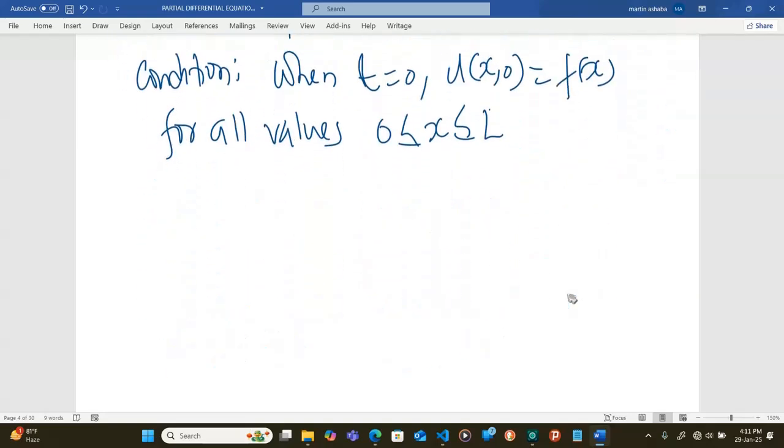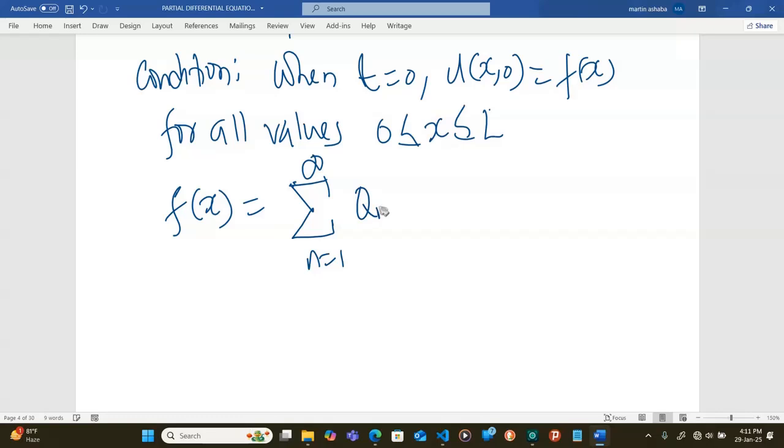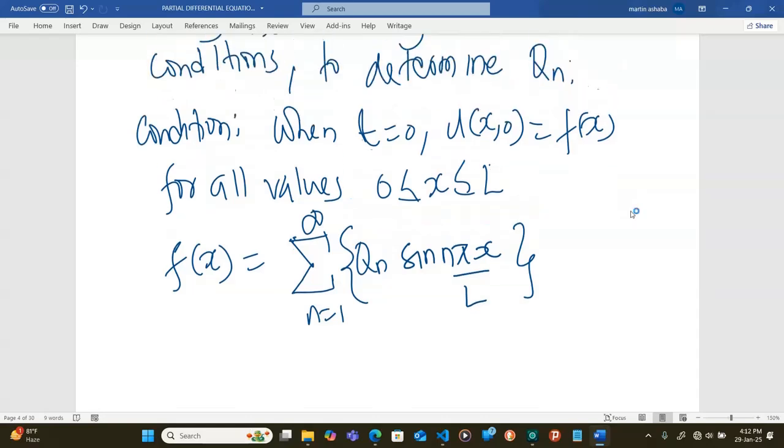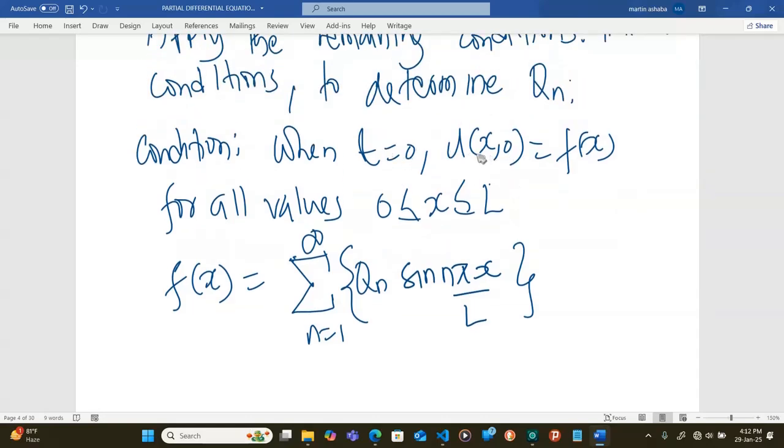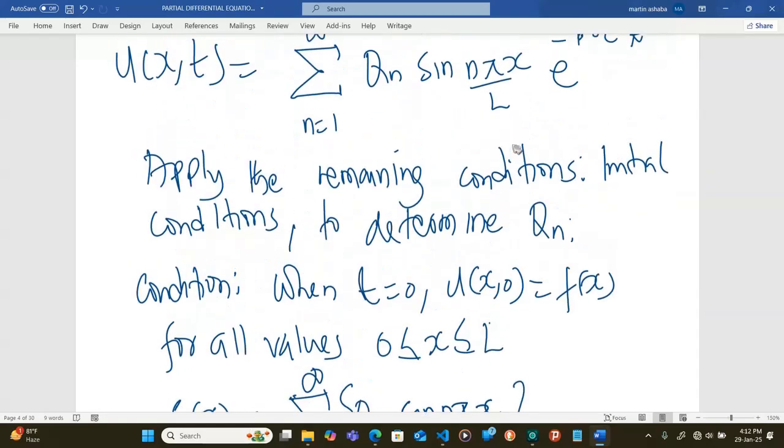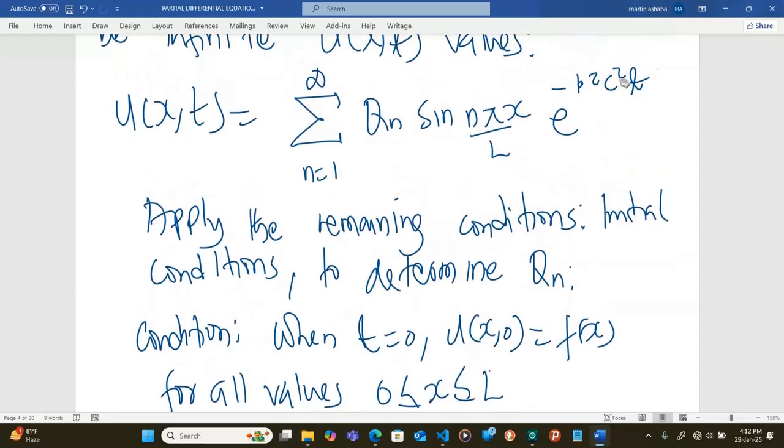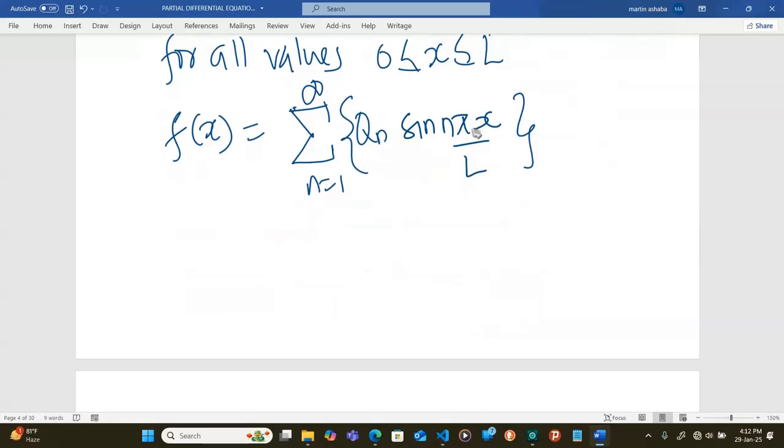So if that holds true, then we will find that f(x) is going to equal the summation from n equal to 1 up to infinity of 2n sine(n pi x out of L), because if we substitute in a 0 here, the exponential reduces to 1, and we shall remain with it.